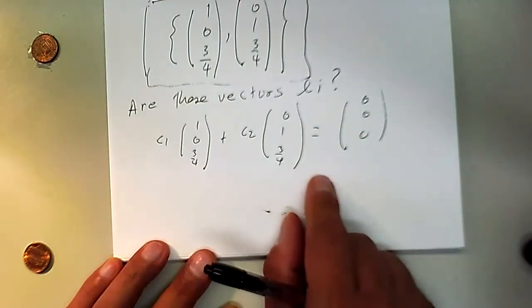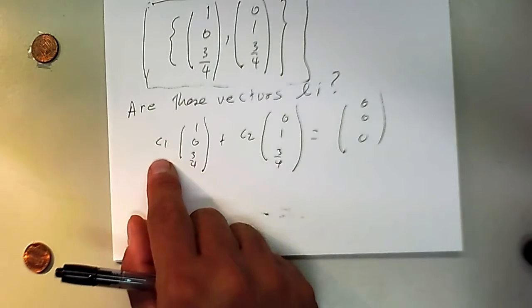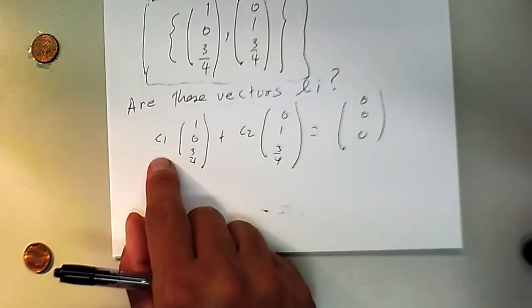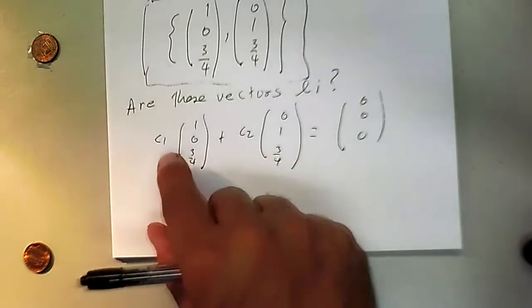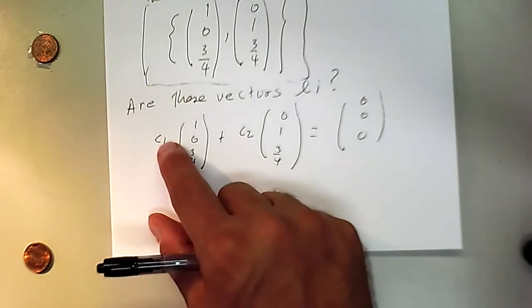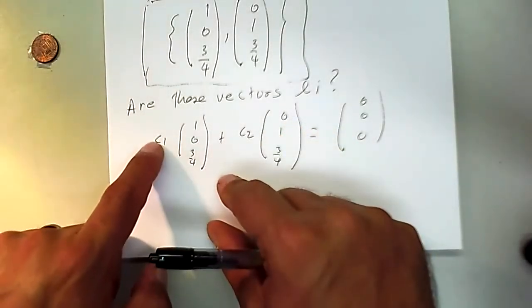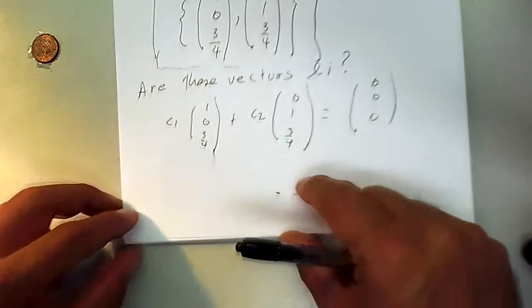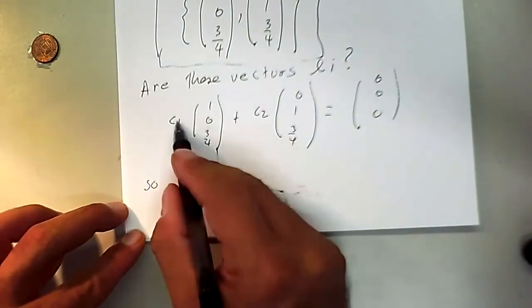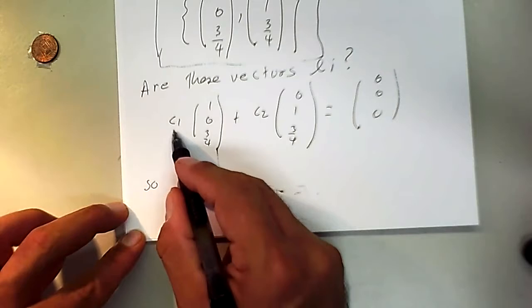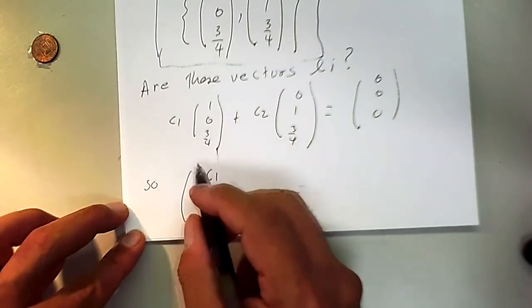Assuming this should lead us to the only possibility in which C1 is 0 and C2 has to be 0. And actually, we can start seeing that almost right away. So when we multiply C1 into this vector, let's just write it down. C1 times 1 is C1. C1 times 0 is going to be 0.